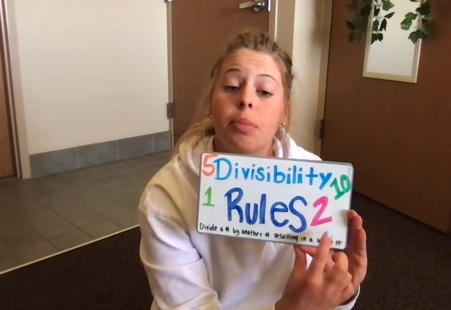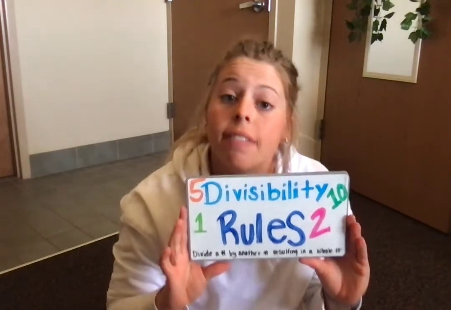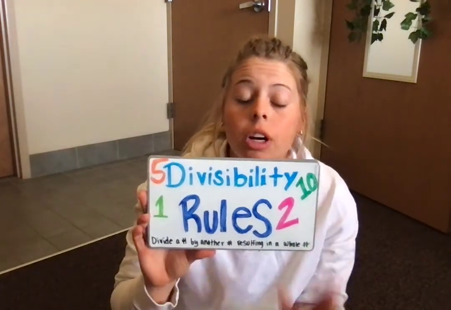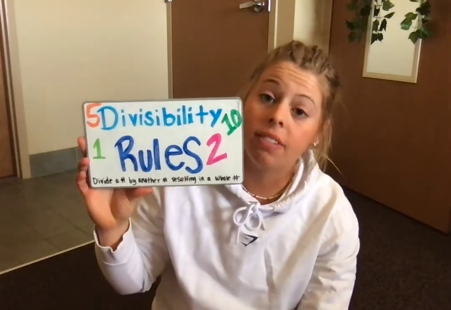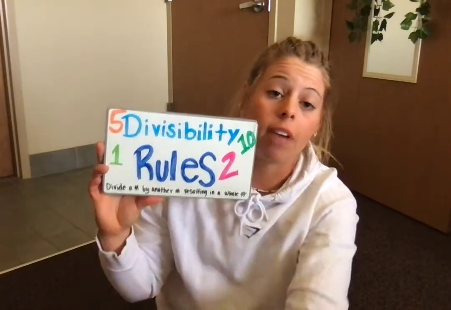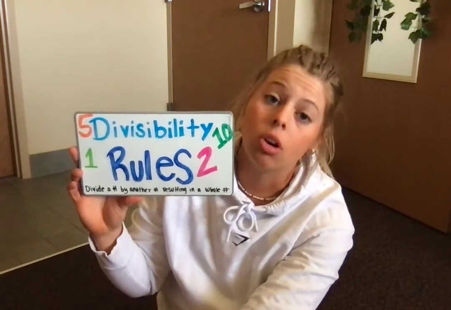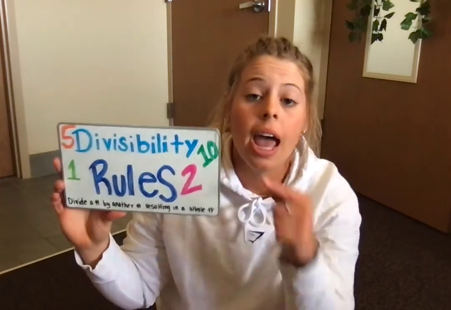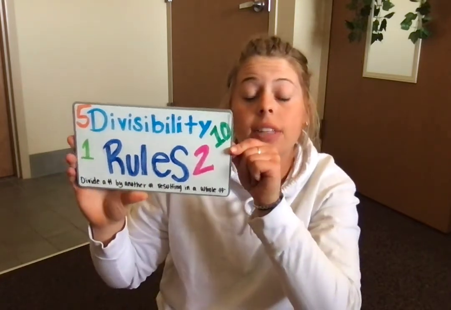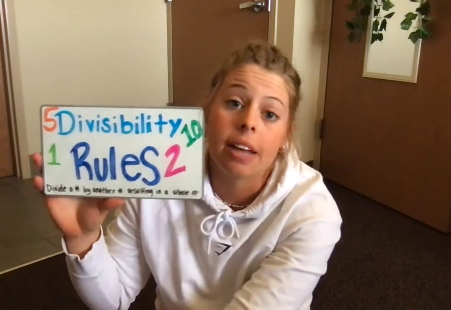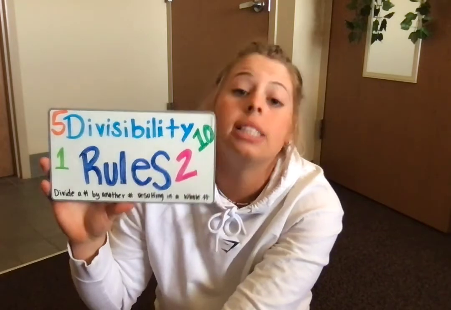And then the divisibility rule for 2 is that if the number ends in an even number or a 0, it's divisible by 2. Divisibility rule for 5 is if it ends in a 5 or a 0, that number is divisible by 5. And last rule, the divisibility rule for 10 is if a number ends in a 0, 10 can go into it.